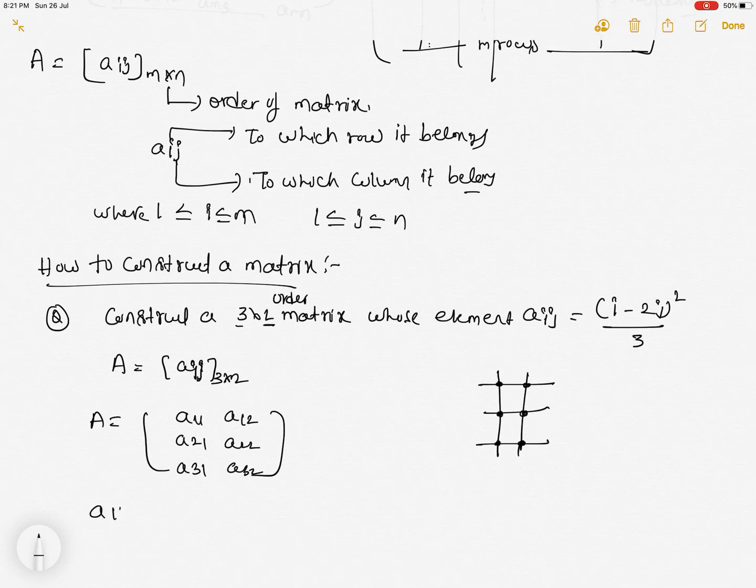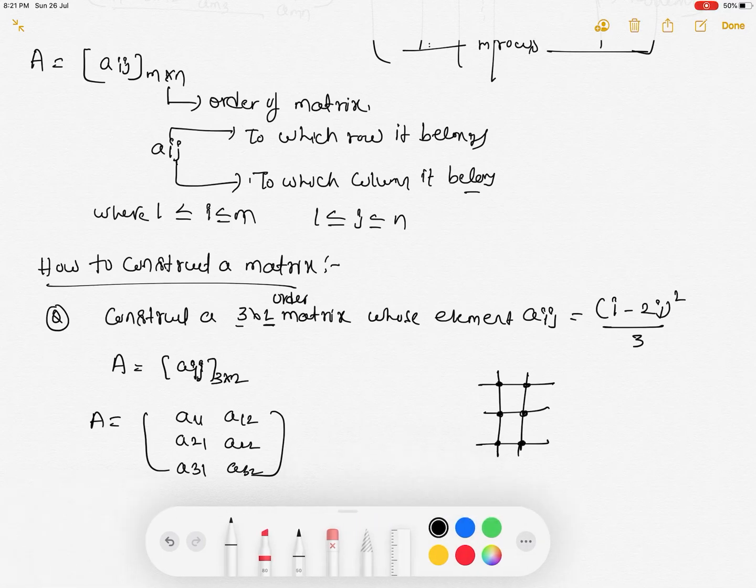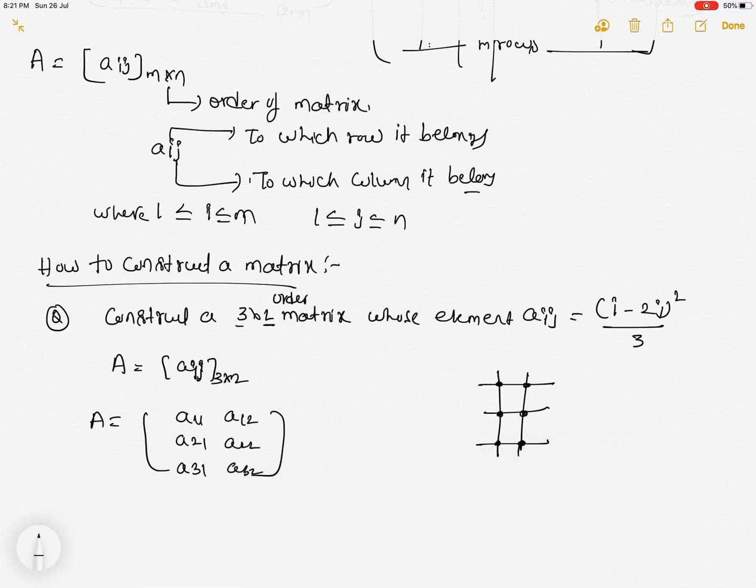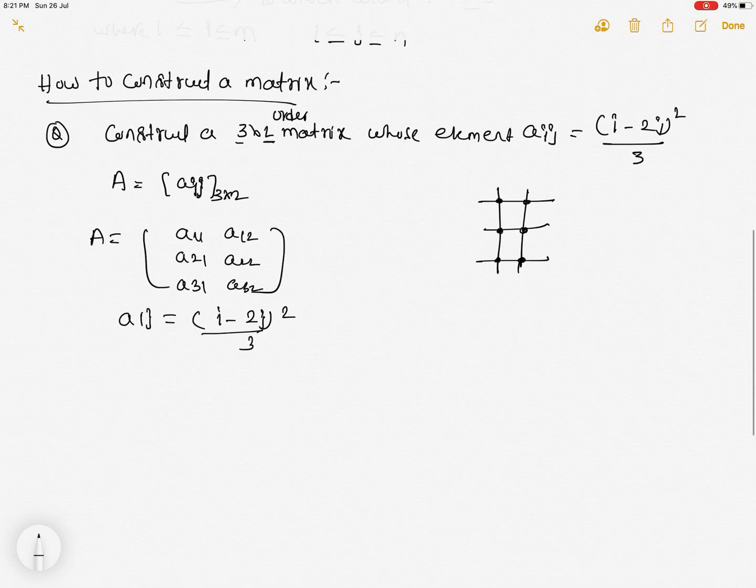Aij equals (i minus 2j) whole square by 3. First find the element a11. a11 equals (1 minus 2 into 1) whole square divided by 3, so 1 by 3 you will get.